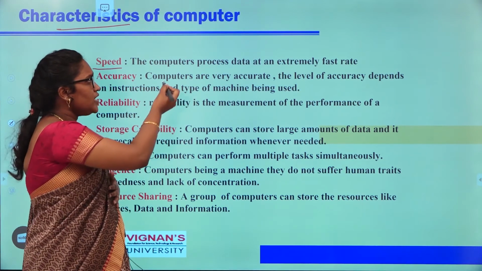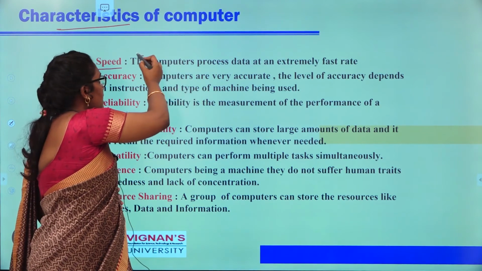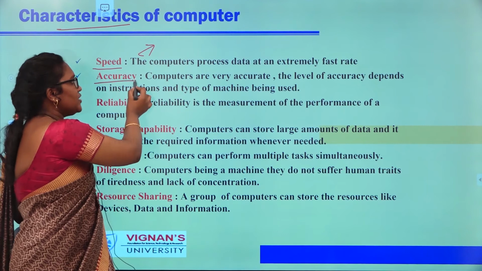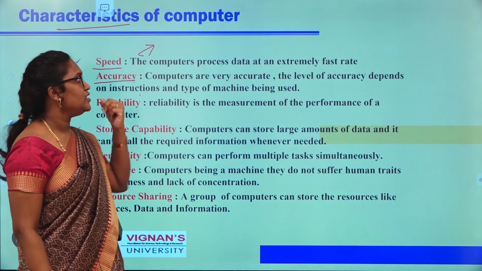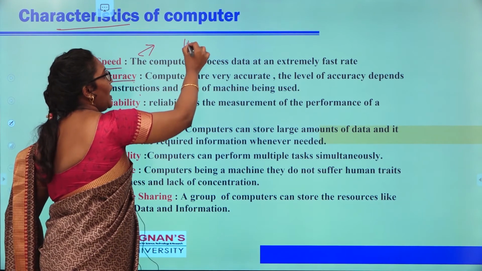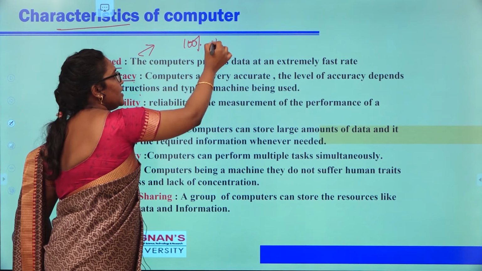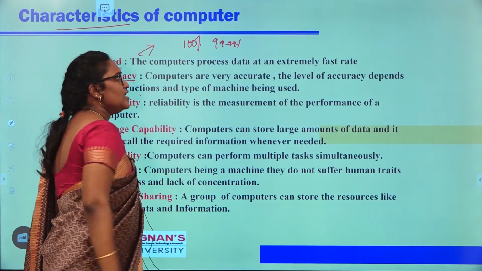So it is a very good characteristic of a computer, which we call speed. Next one is accuracy. Whenever you are talking about accuracy, you won't say 100% as accurate. You will say 99.99% value as accurate.